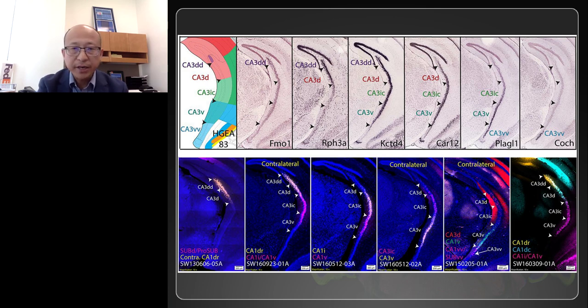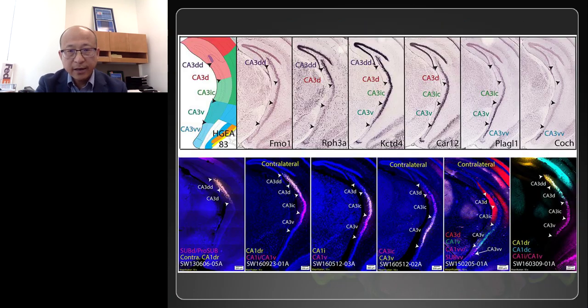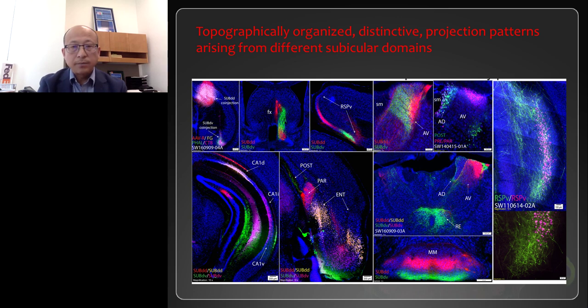As we show here, each individual molecular domain displays unique patterns of gene expression, and they also correlate with neurons that send projections to different targets. Once we put together this map, we also looked at each individual hippocampal molecular domain's global projection patterns.